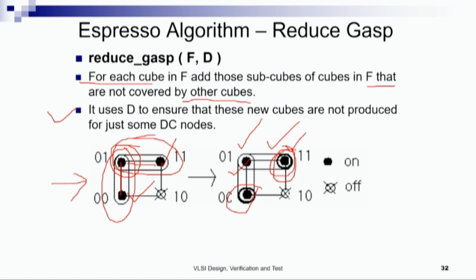It uses D to ensure that these new cubes are not produced for just some don't care nodes. The new cube that we add should not consist of only don't care nodes.